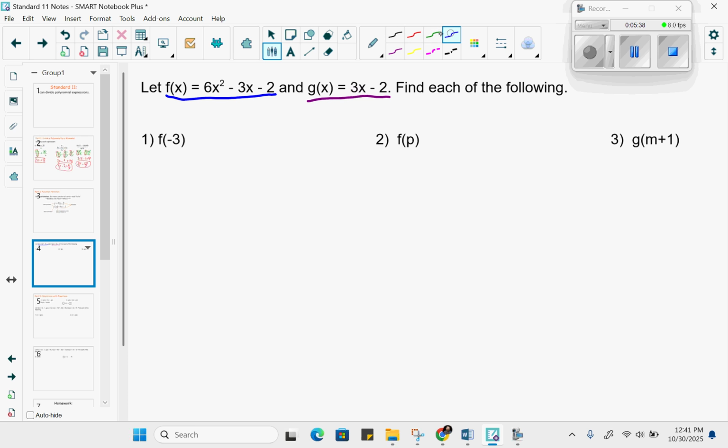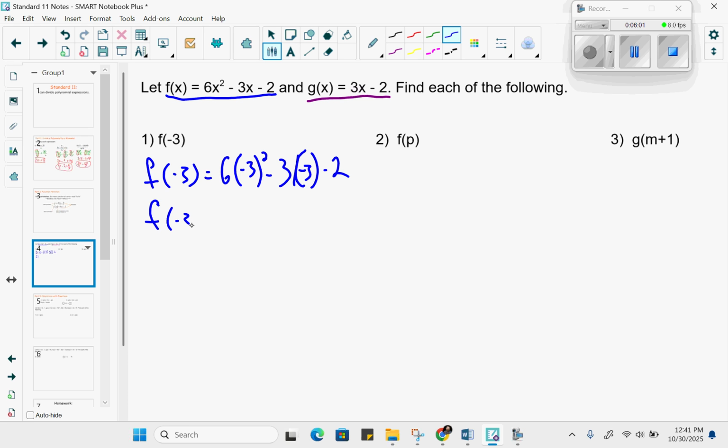So I'm going to start by writing f of negative 3, and then I'm going to put an equal sign. And I'm going to rewrite this with negative 3 where x was. So 6 times negative 3 squared minus 3 times negative 3 minus 2. And I'm going to simplify.